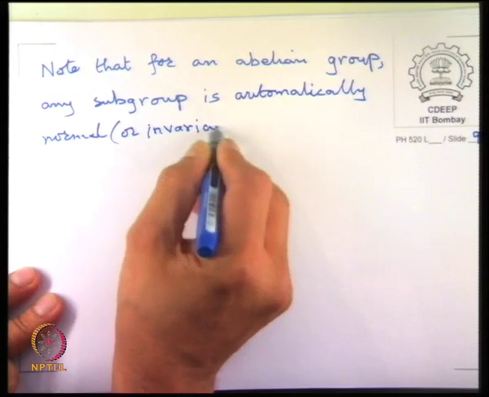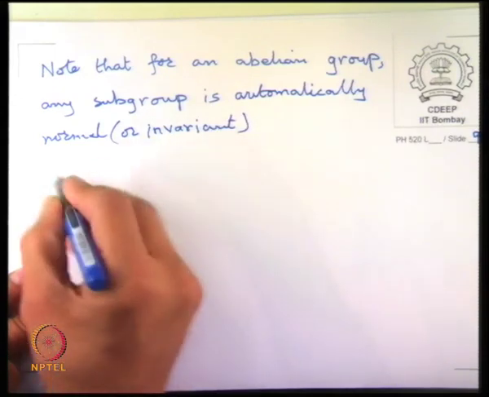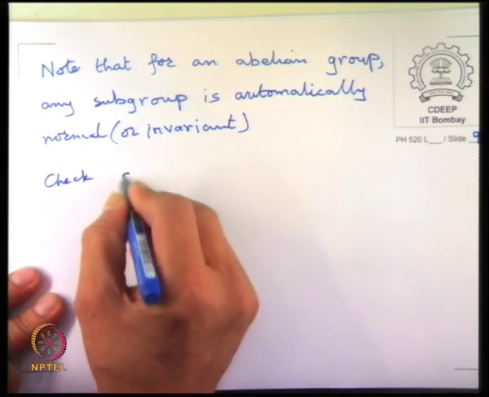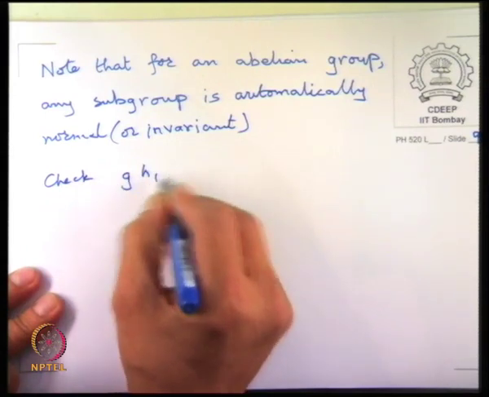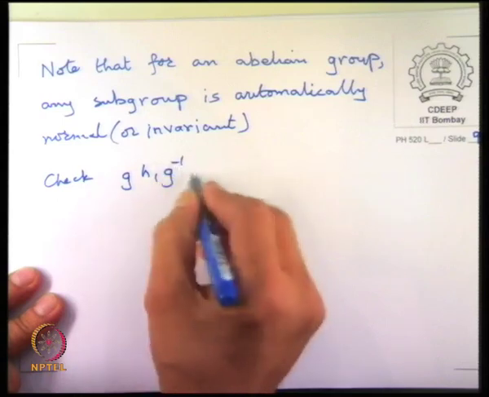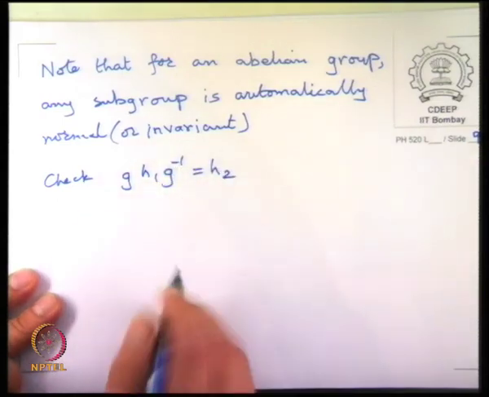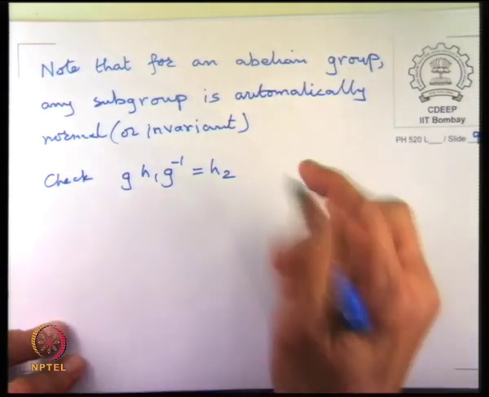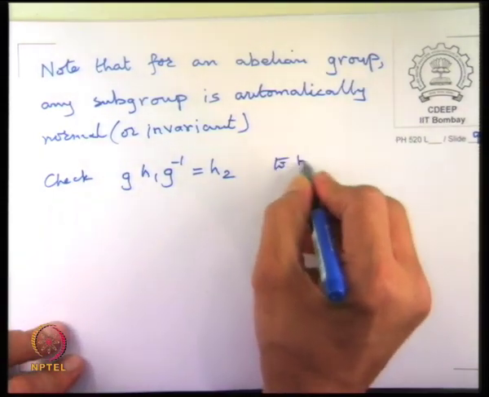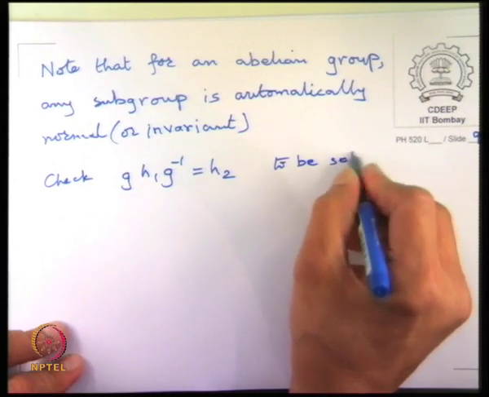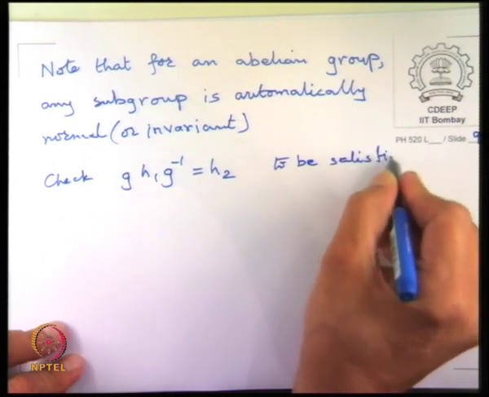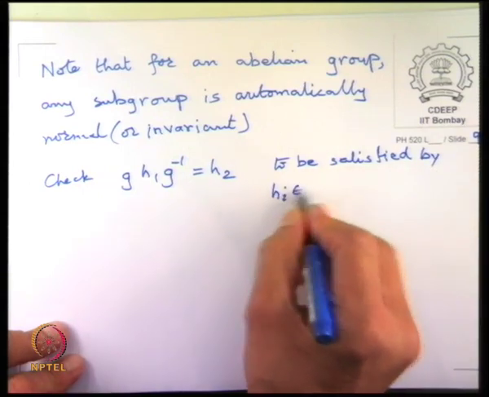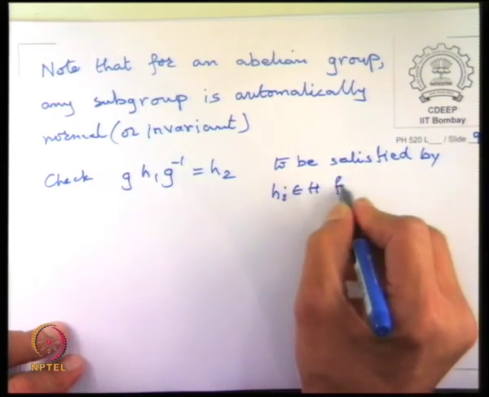Why? Because we need to check the condition that G H1 G inverse has to be equal to H2, right. This is the condition to be satisfied by Hi belonging to H for any G.